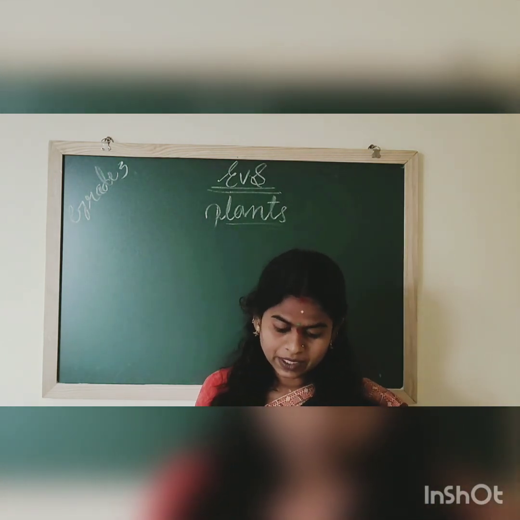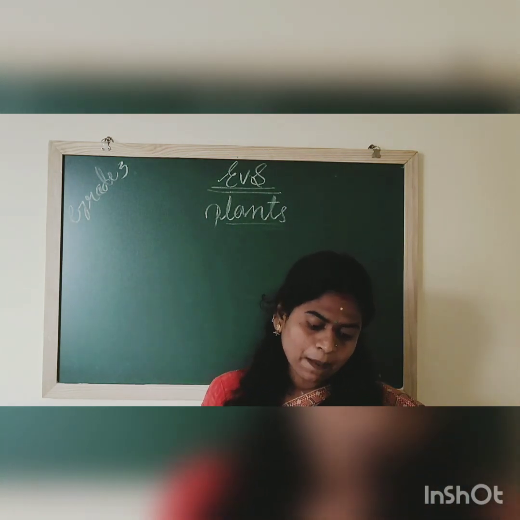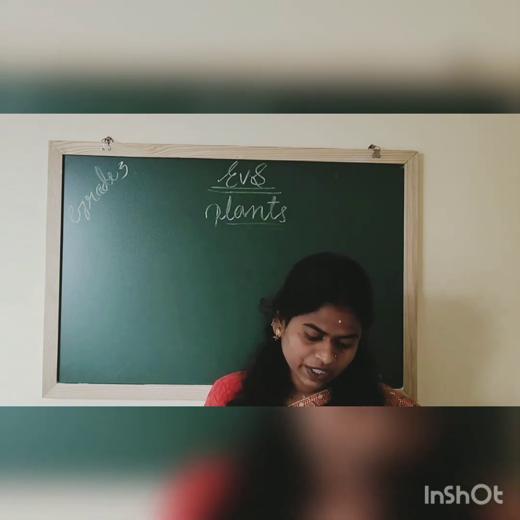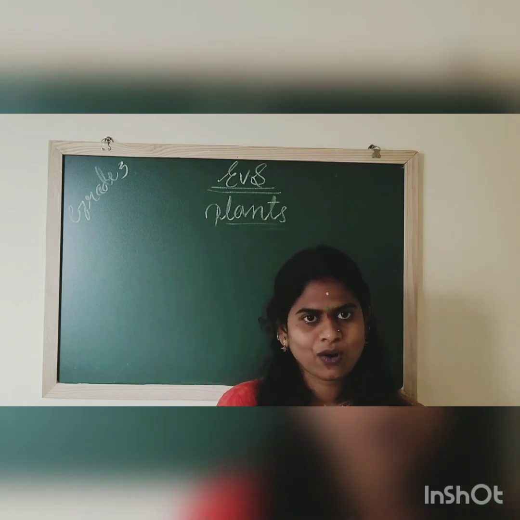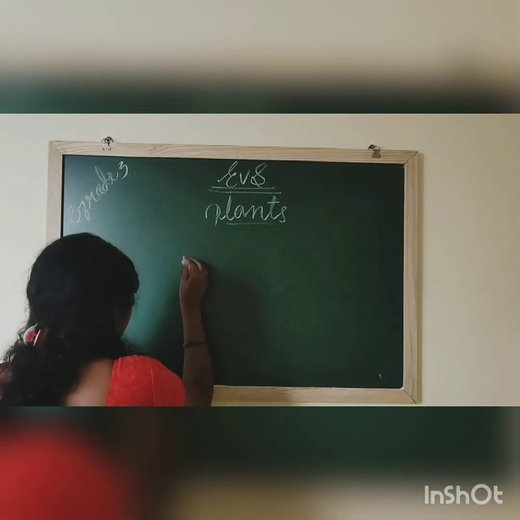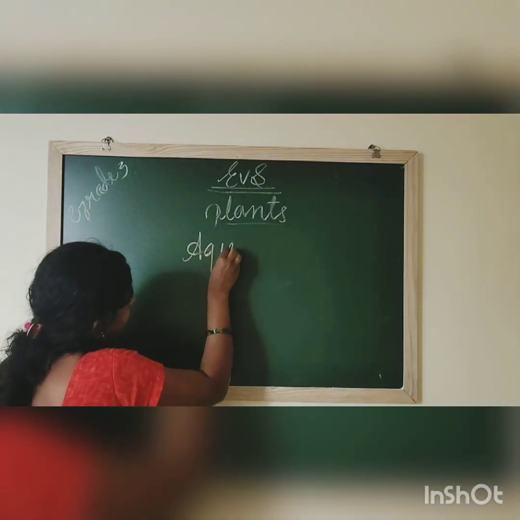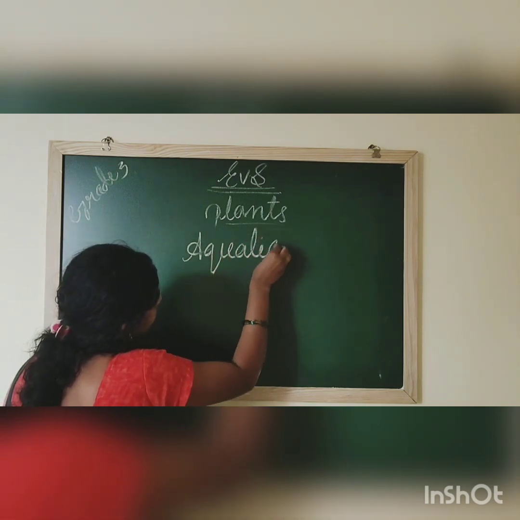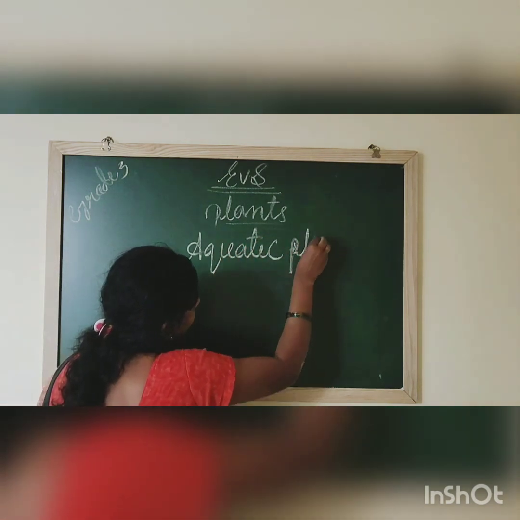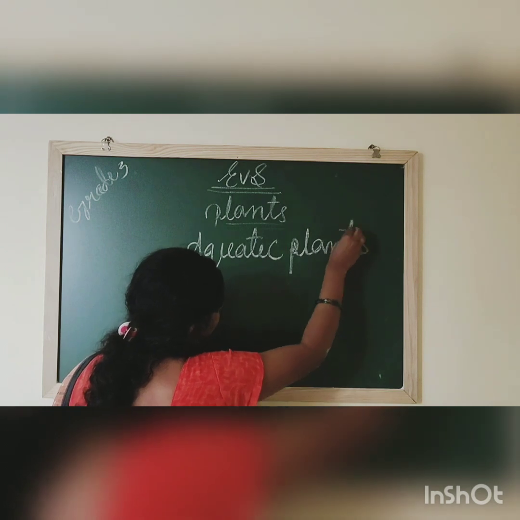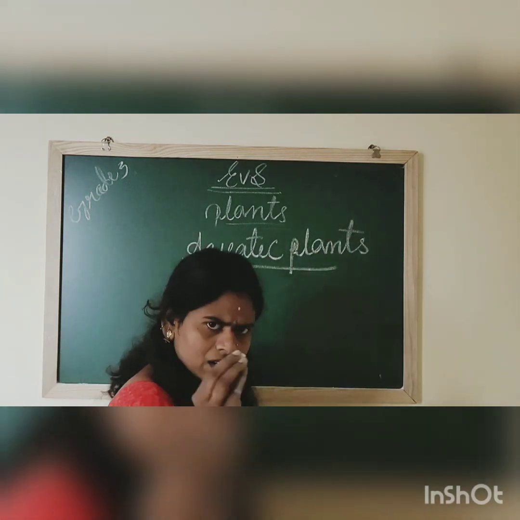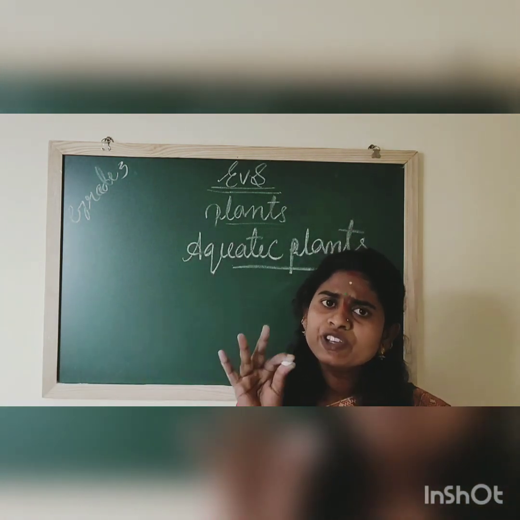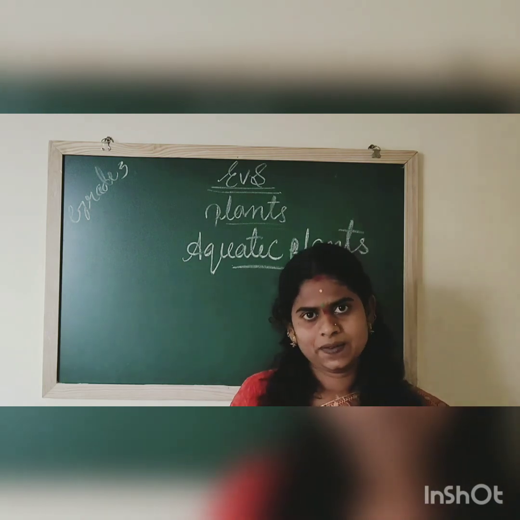Okay, look at that. There are some plants like hyacinth, lotus, and duckweed that can survive only in water. Such plants are called aquatic plants. See, there are some plants which can grow only in water.